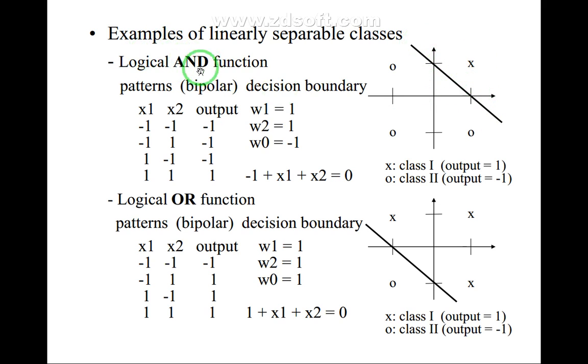Therefore, the AND operation can be solved using a single layer perceptron. The same thing goes for the logical OR function. This shows you how to solve the OR logical function using the single layer perceptron.